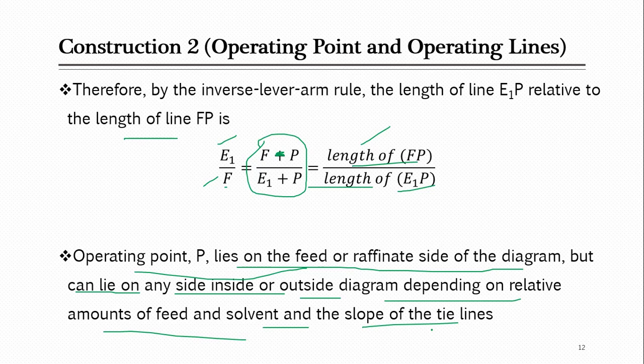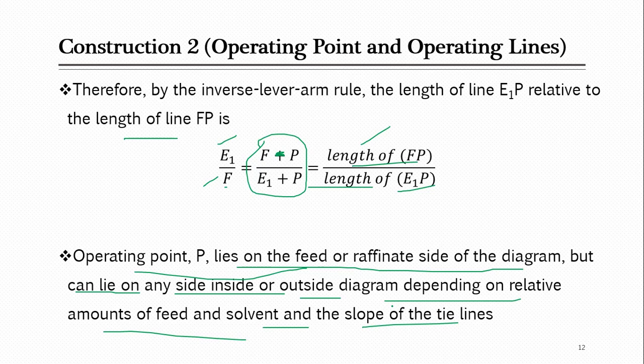All these affect the location of P. In some cases you will observe that P lies on the extract side, P can come close to the diagram, go away, or even be inside the diagram, but most of the time it is outside. It is not necessary that it is always on the raffinate side; it can also be on the extract side. It depends on your composition as well as the tie lines.